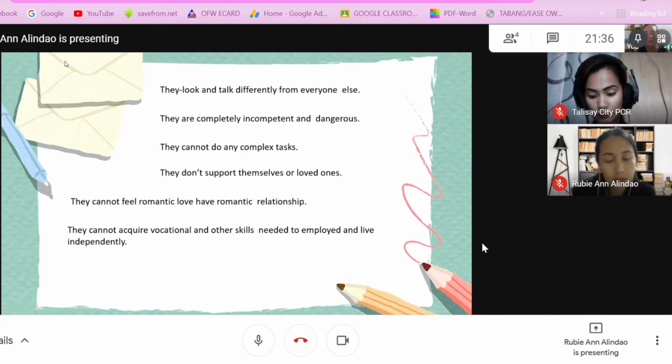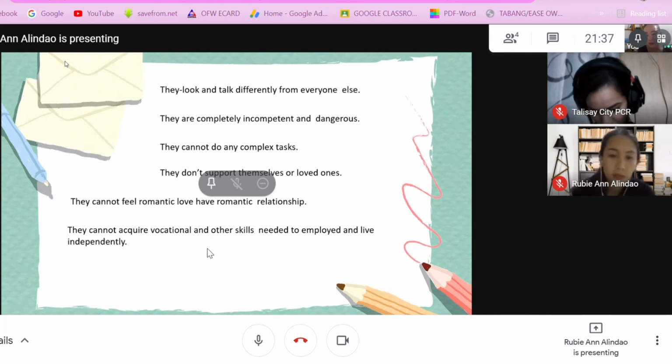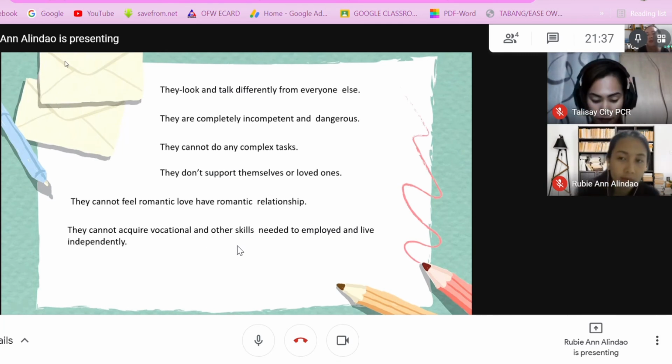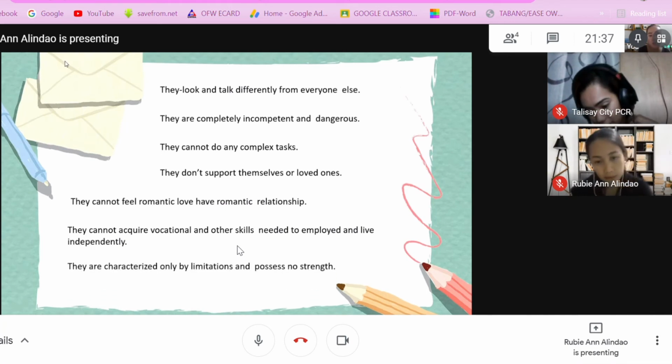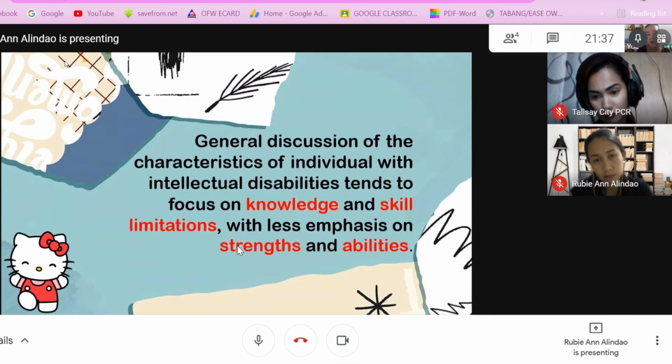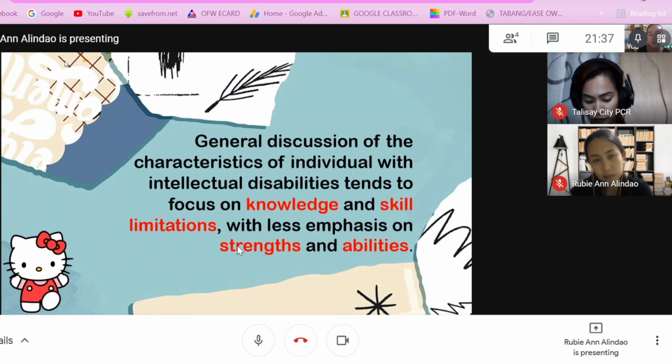Actually, these days, DepEd or some schools in the Philippines already have a transitional program for them to get work right after high school and live independently. And lastly, they are characterized only by limitations and possess no strengths. Next, in general discussions of the characteristics of individuals with intellectual disabilities, we tend to focus on knowledge and skills limitations with less emphasis on strengths and abilities.